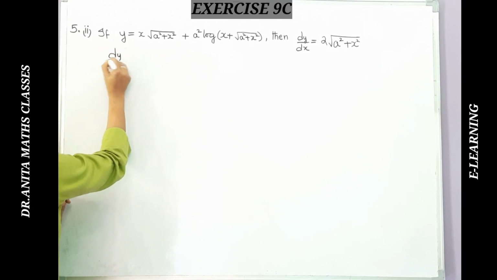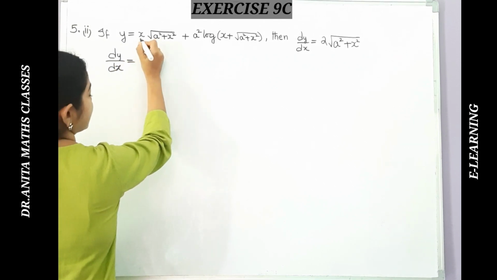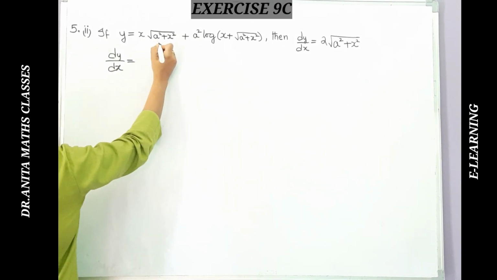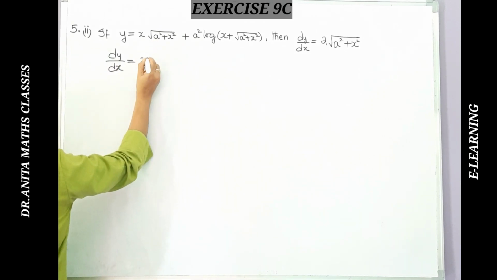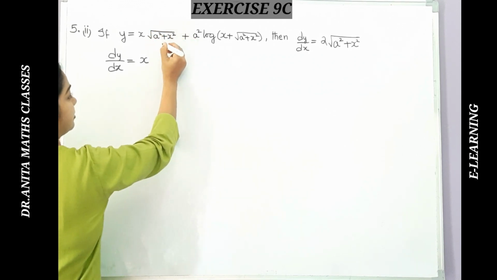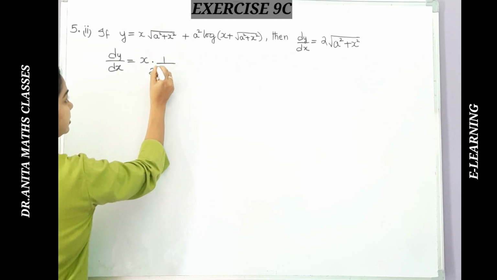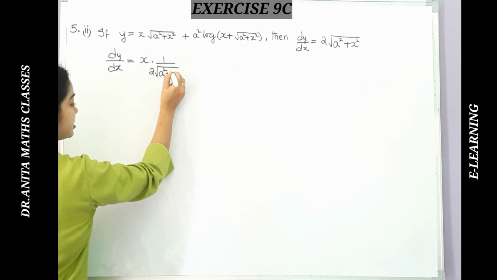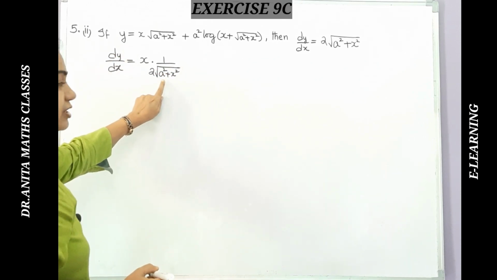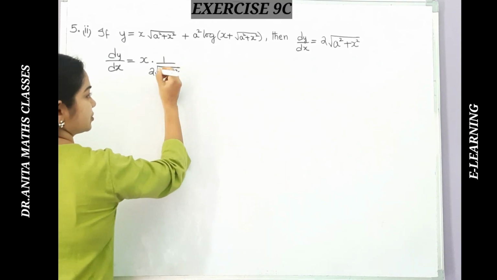So dy upon dx is equal to, here you see two functions, x multiplied by under root. So let us use the u and v product. x is u, and differentiating v, the differentiation of this is 1 by root a square plus x square, as you know. And again, this is not an x function, we have to take the derivative of a square plus x square.